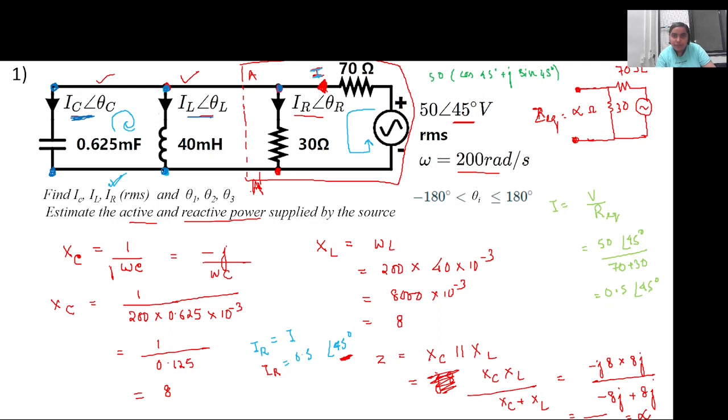So this is 50, written in terms of the polar coordinates. I think he was doubting whether it is peak or RMS, but the problem itself specifies it is 50 RMS, not peak. So definitely it is just 50.